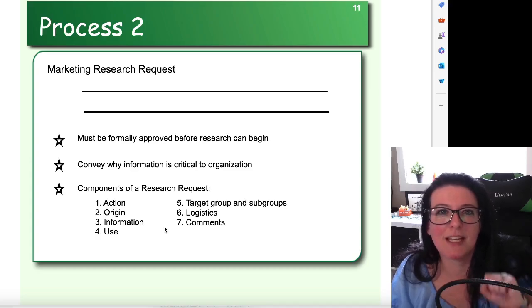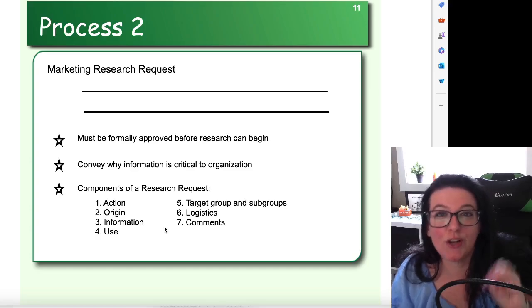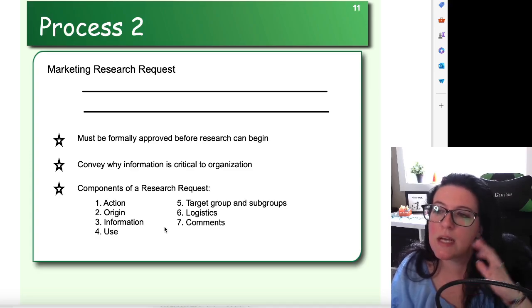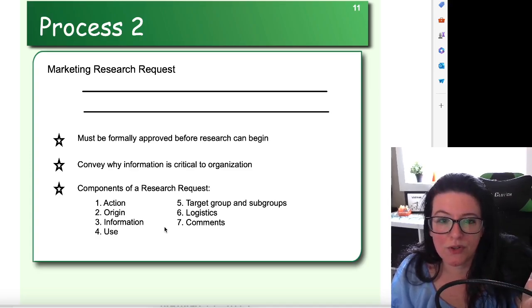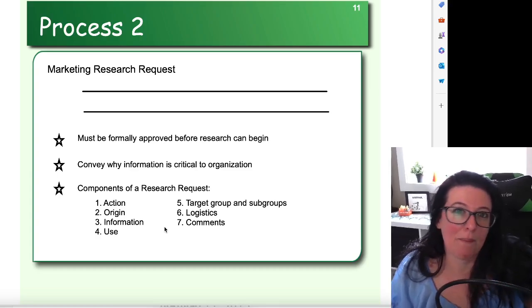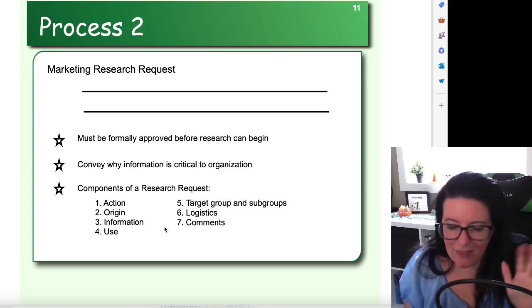And if you have to get approval from the higher ups to do the research, you're going to create a research request. So we have this label marketing research in front of it, but regardless of what type of research organization you have, if you are trying to internally get permission to do a research project, you're writing a research request. And they look the same.